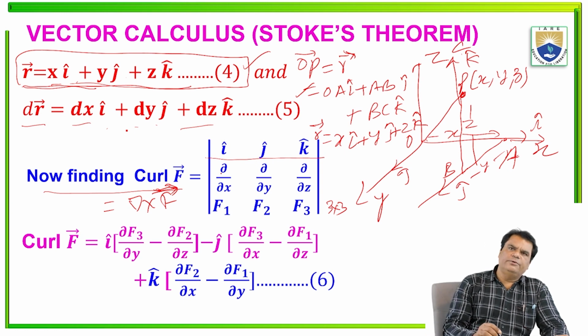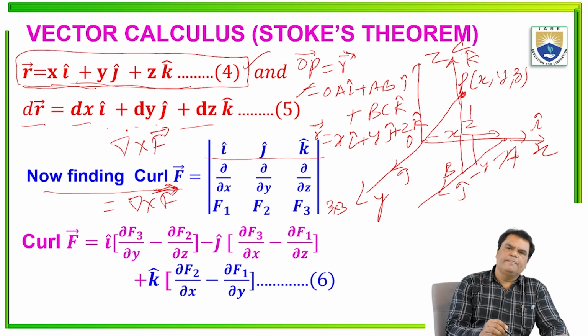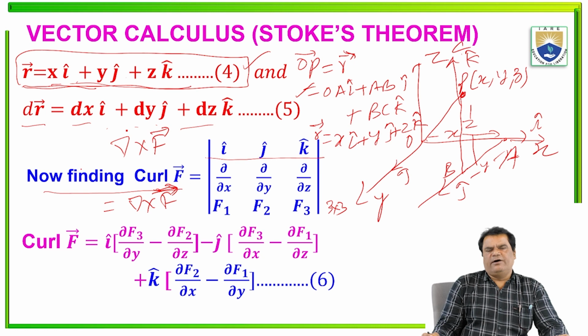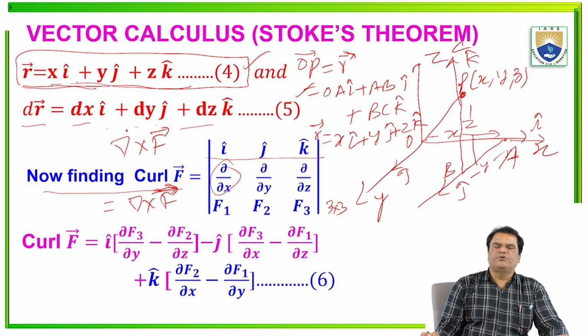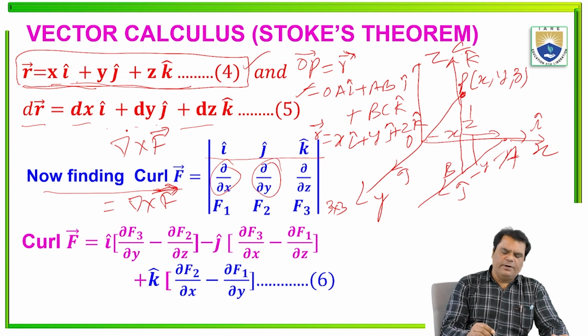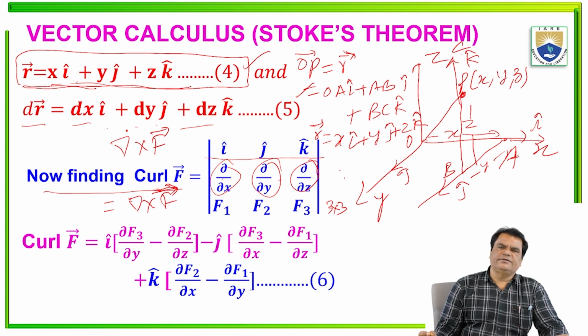In the second row is del. Del has 3 components: dou over dou x with respect to x in i, and dou over dou y, dou over dou z. This is the coefficient of i, this is the coefficient of j, this is the coefficient of k.